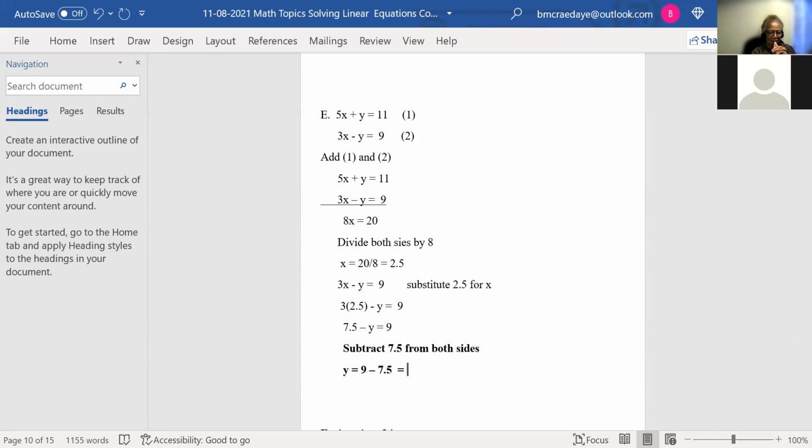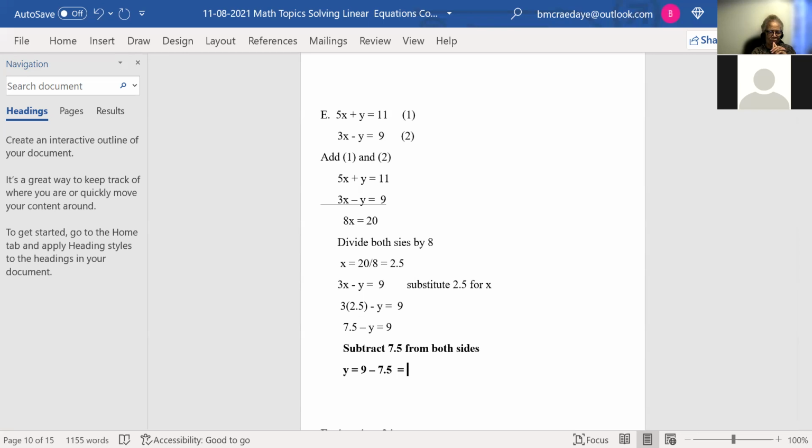What's 7 from 9? 2. What's 0.5 from 2? It can't be more, it's got to be less. You're subtracting. 9 minus 7.5.